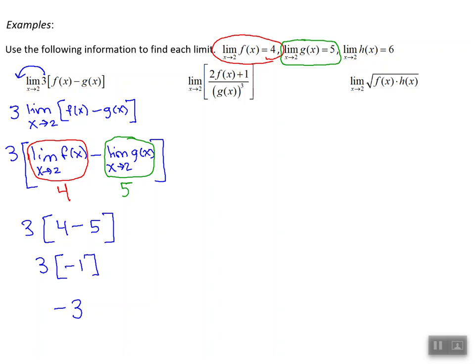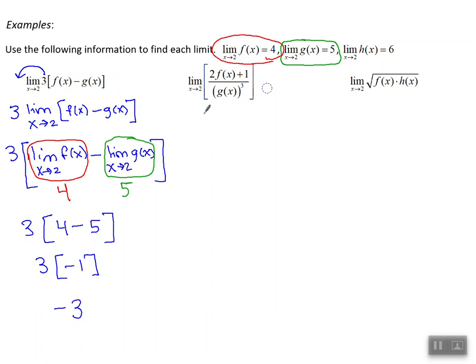Let's take a look at this next one. Now this is a quotient, the limit as x approaches 2 of 2 times f of x plus 1 divided by g of x, the function raised to the third power. Let's use our properties to break this up properly.